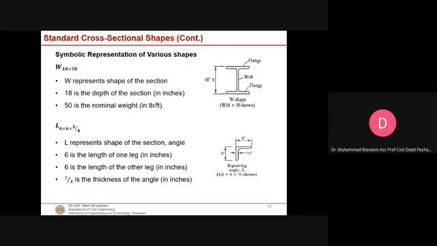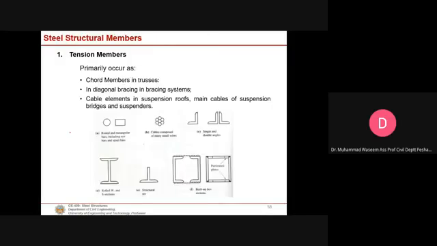Now this is the repetition: this is a wide flange section. What is the symbology representing it? Like we have already discussed, the W represents the shape, 18 represents the depth, and 50 represents the weight in pounds per foot. Similarly, this is how angles are designated. So what are the different shapes for tension member design?